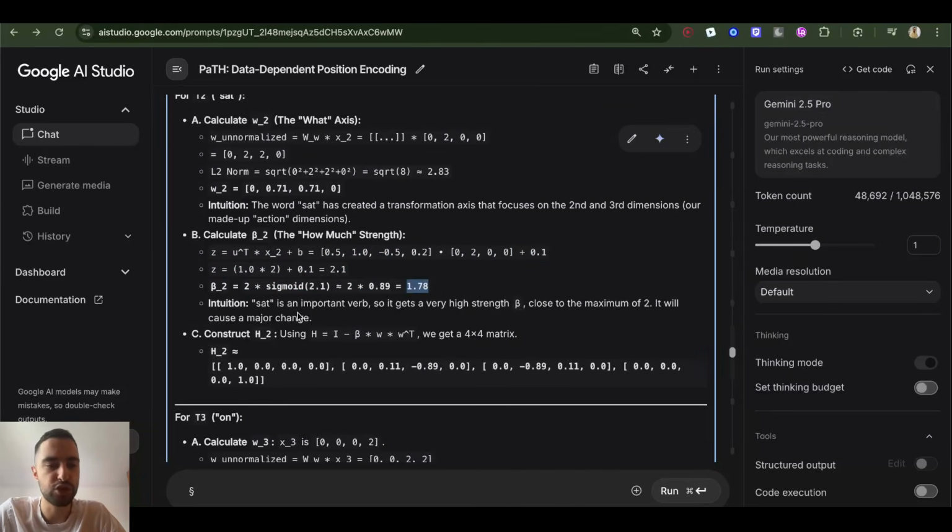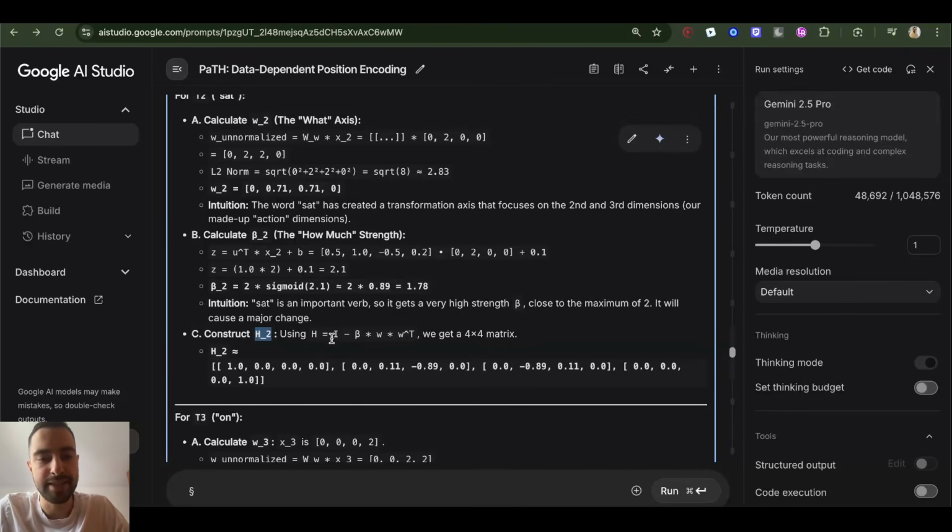So now we need to construct this transformation H2. This is the final transformation that we will apply to the key. So we will multiply the H2 matrix times the key to transform the key vector. And then for the next token, we will multiply its transformation H3 with the result. So H3 times H2 times the vector. So we just have a line of these transformations that are transforming the key.